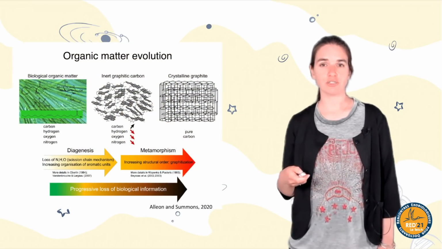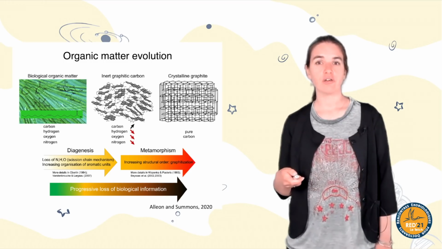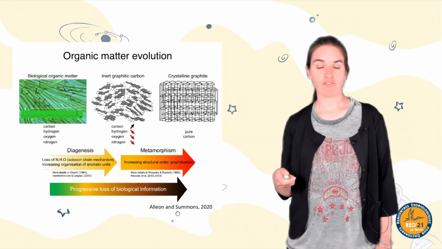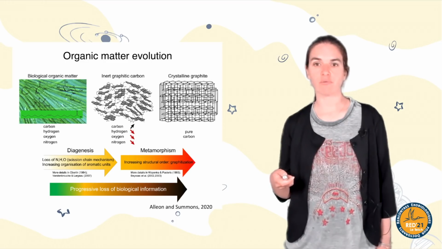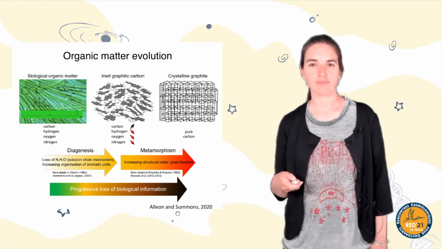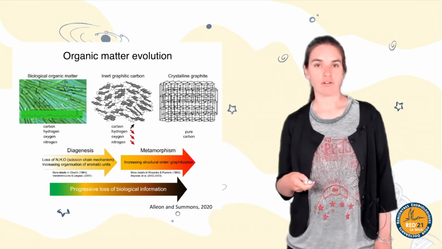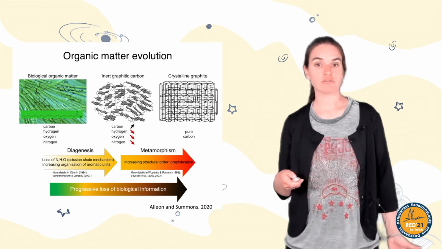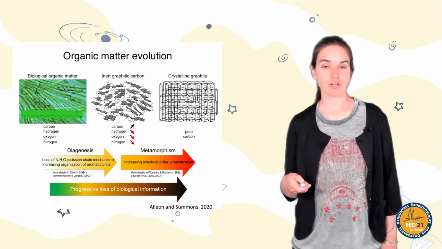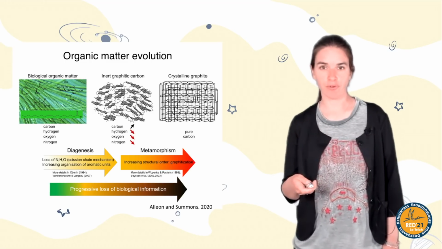And the more we heat the rocks, the more we increase the temperature, so during metamorphism, we will have crystalline graphite that is almost pure carbon. It is what we use for writing. And so progressively we lose any kind of biological information during this process.